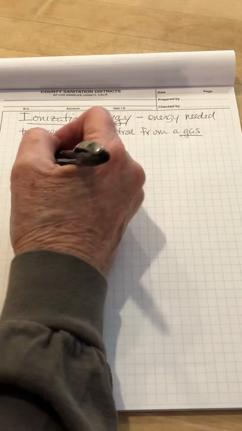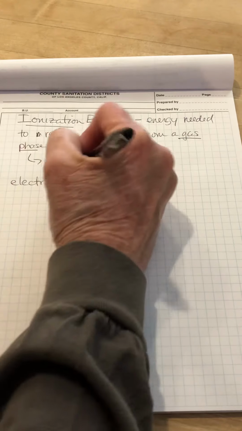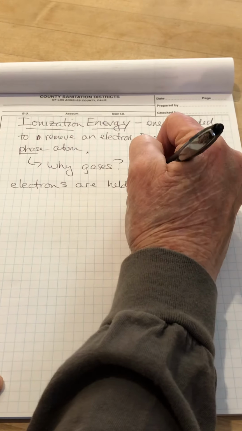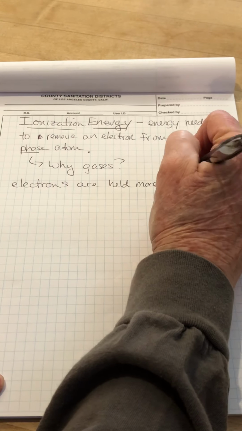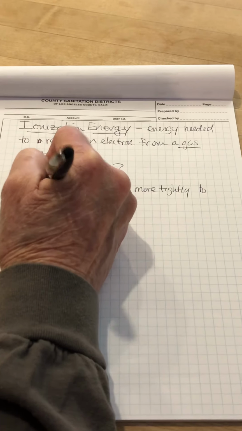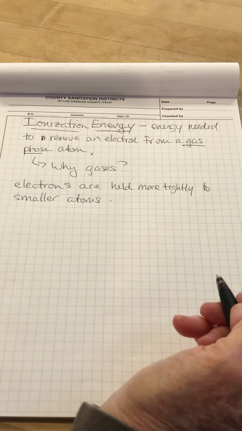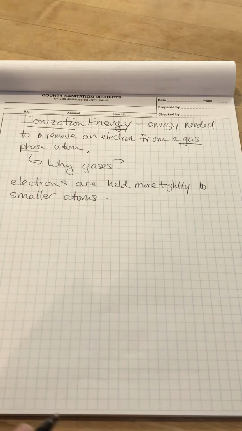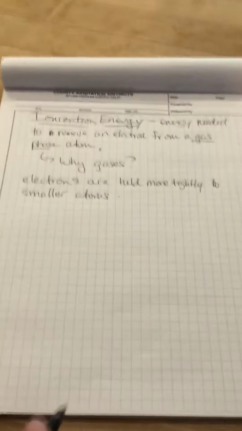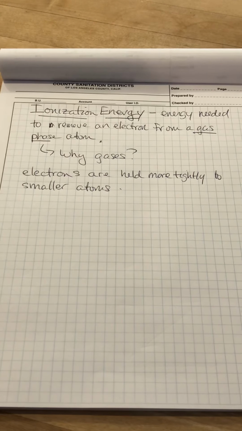Okay, so what do you know about electrons? Electrons are going to be held more tightly to smaller atoms. That's because the pull from the nucleus is going to be stronger for those smaller inner shell electrons.